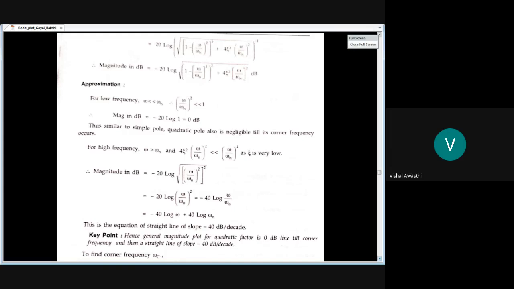Now next, compare this with the second term, that is 4 zeta square (omega upon omega n) square, and you will see that (omega upon omega n) to the power 4 is much higher than 4 zeta square (omega upon omega n) square, as zeta is very low.